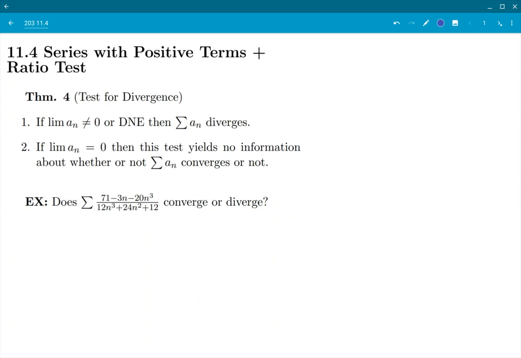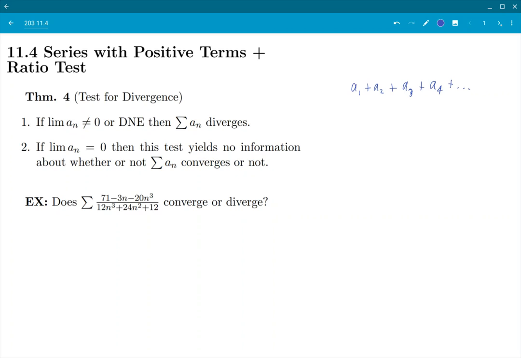It's saying that if your limit of this sequence is not zero, then there is no hope for this series to converge. Well, think about what we're talking about here. You have an infinite series. You're adding up an infinity of terms.